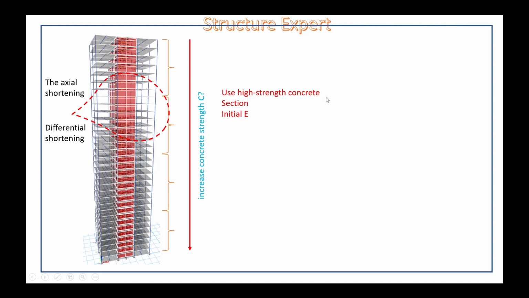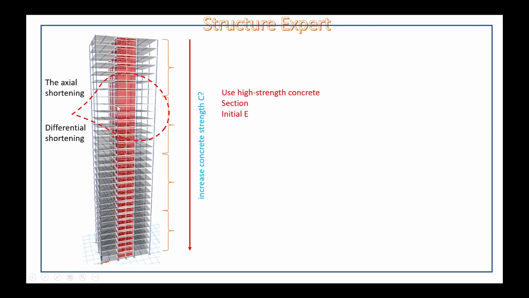High strength concrete is over 50 megapascal. In the case we use 45 for the column and wall, we should verify the section around 2/3 height to check the differential shortening of the wall and column. You should keep the section of the column, or you should decrease the section of the column.